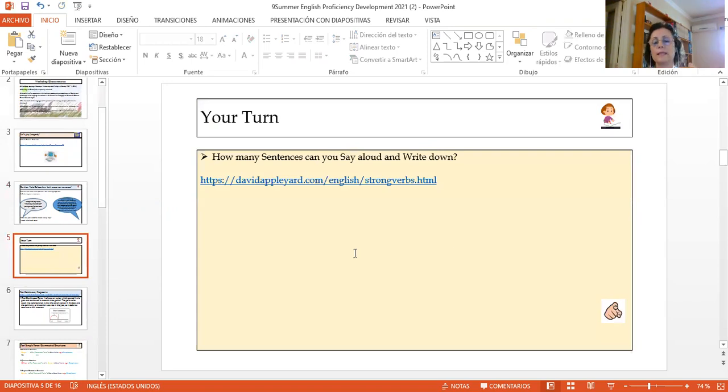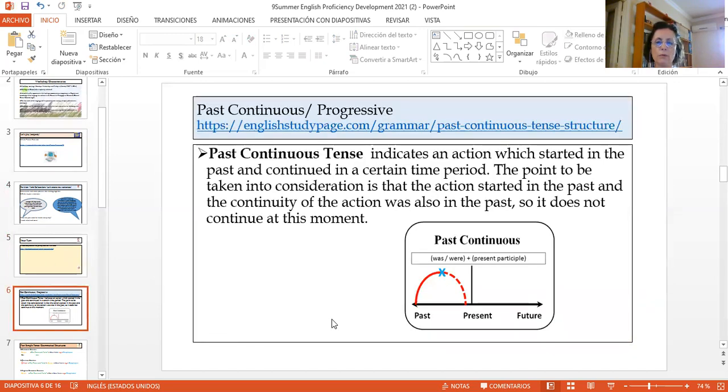Okay, so try to write the sentences, and when you write them, also try to remember how they are completed. Okay, and you can do them in the past, in the present. And now what I wanted to present to you was the past continuous, or progressive, which indicates an action which started in the past and continued in the past.